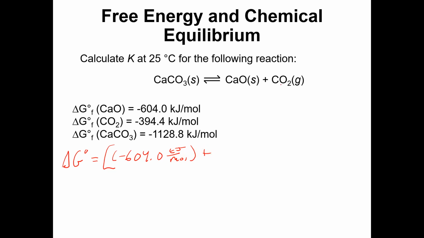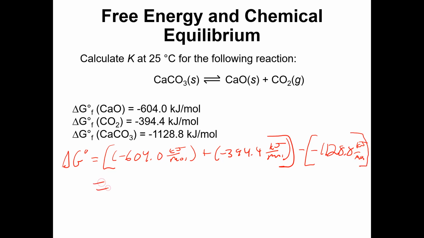We also only have 1 mole of carbon dioxide, so we can plug in the value for carbon dioxide, and then we can subtract the value for calcium carbonate, which is negative 1128.8 kilojoules per mole.